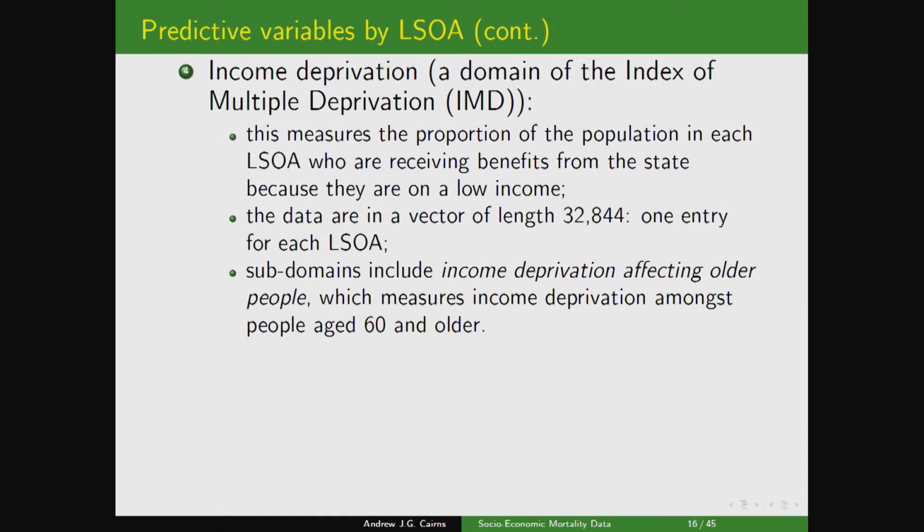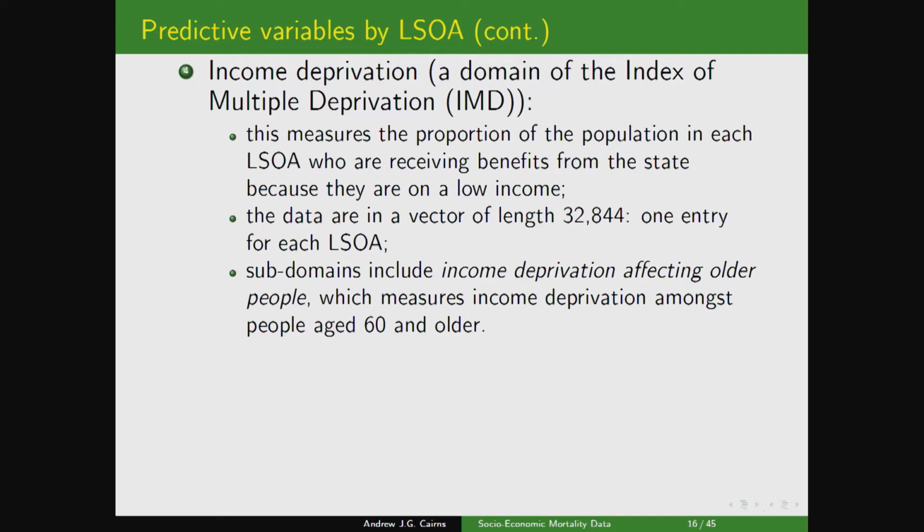The first of these is income deprivation, and this is one of the most important in terms of predicting high or low mortality. It measures, within each of these LSOAs, what proportion of the population are receiving benefits from the state because they are on a low income. So we just get one value for each LSOA.